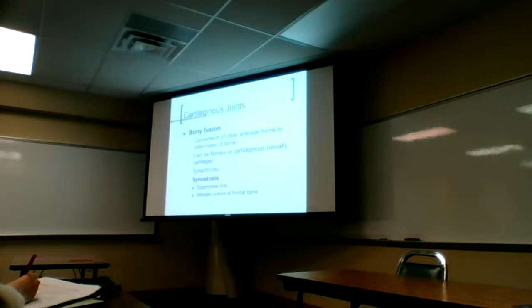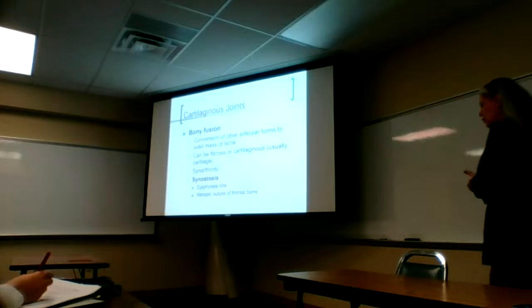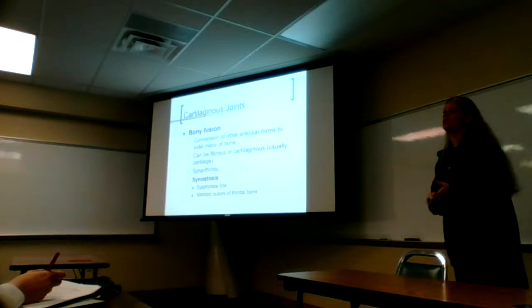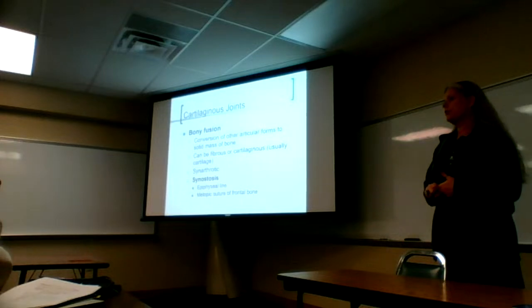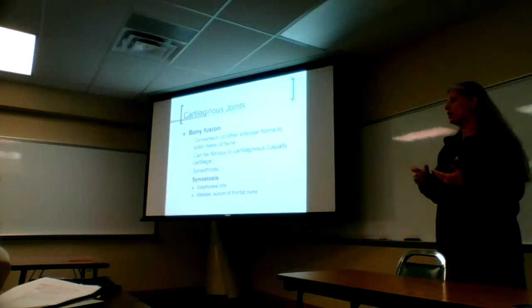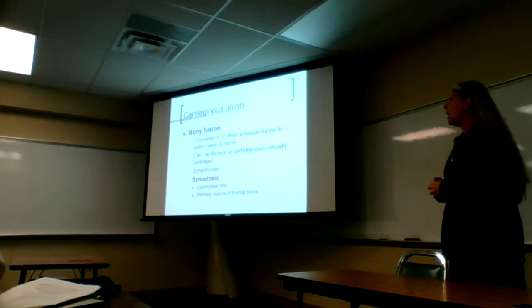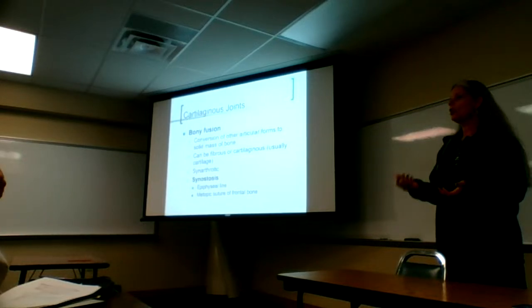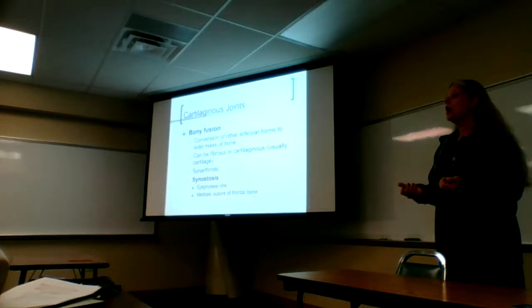Bony fusion. As we saw with our synarthrotic joints, our sutures and our synchondrosis, if we are held together and we don't move, we are synarthrotic, we tend to fuse over time, just like the gate that you never open can fuse over time. So you have to be fibrous or cartilaginous because that's how bone forms, right? It's either fibers in the beginning or it's cartilage in the beginning that becomes bone.